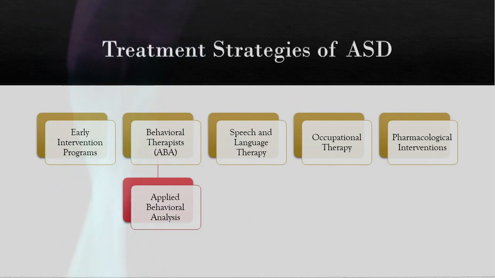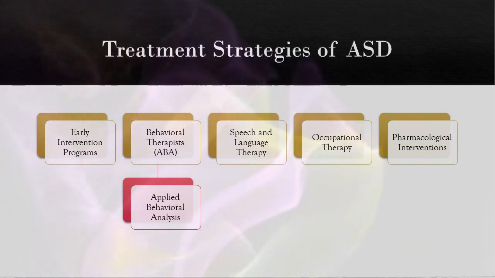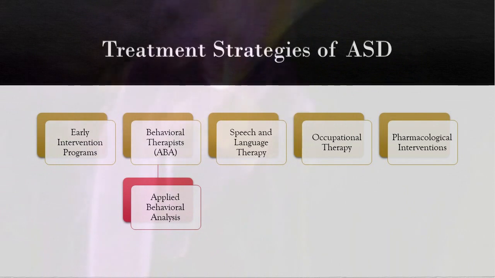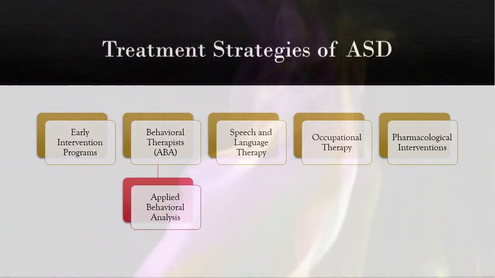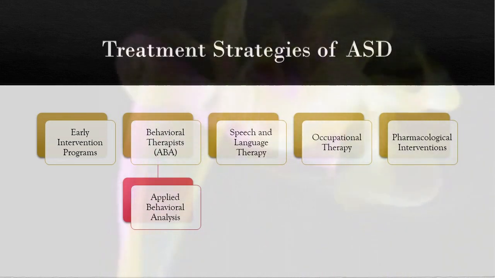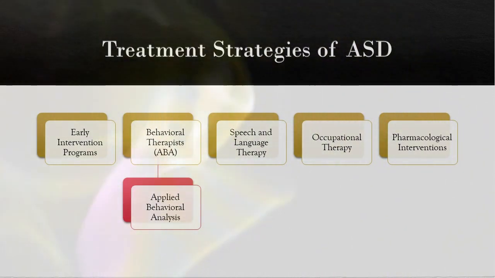When we look at the prognosis for ASD, individuals with ASD are really highly individualized because there is such a wide spectrum. One of the key things, though, for having a good outcome is early and intensive intervention.